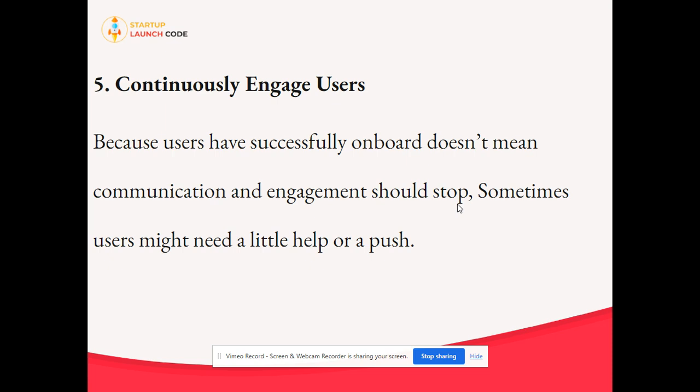We also looked at the product adoption stages, which are the product awareness stage, the product interest stage, the product trial, the product adoption, as well as the product evaluation stage. These five stages are important for you to understand as a founder, because like I said, the way you communicate with users across these stages really matters as well.